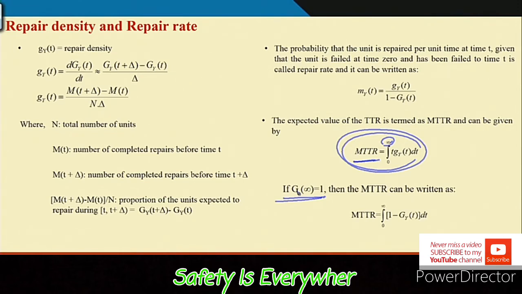It will be repaired with probability one. So when t equals infinity, the mean time to repair is the integral of 1 minus G(t) dt. Fine.